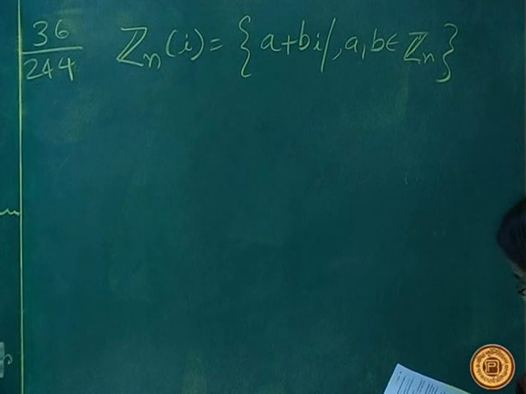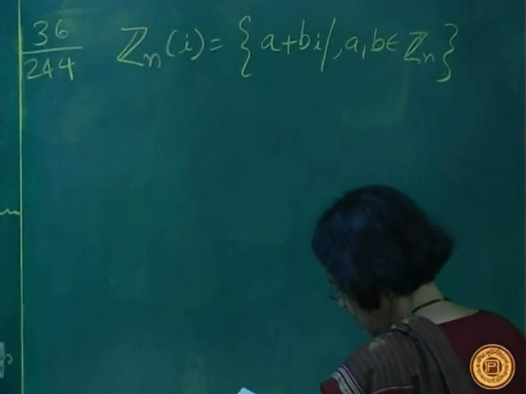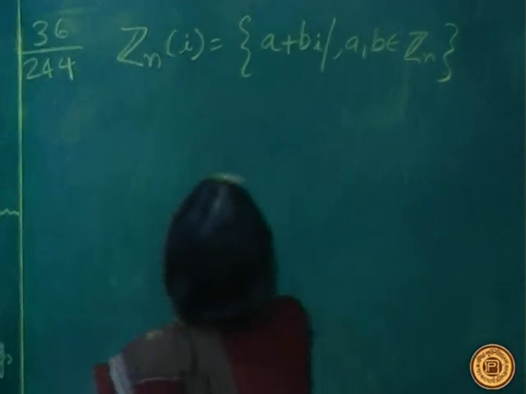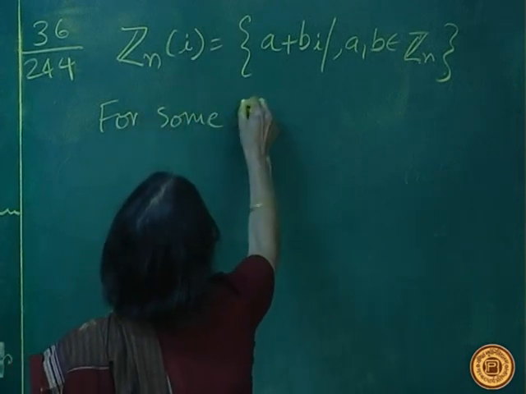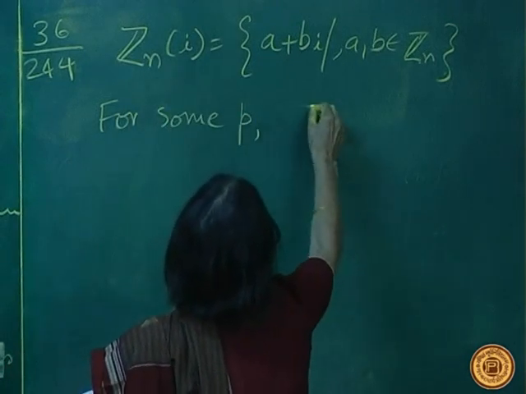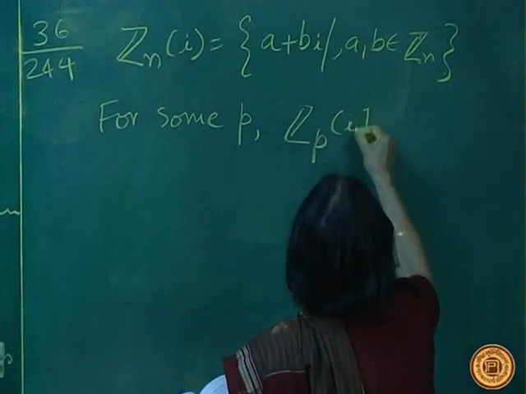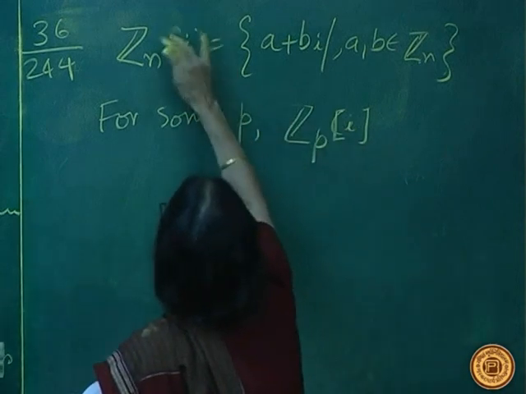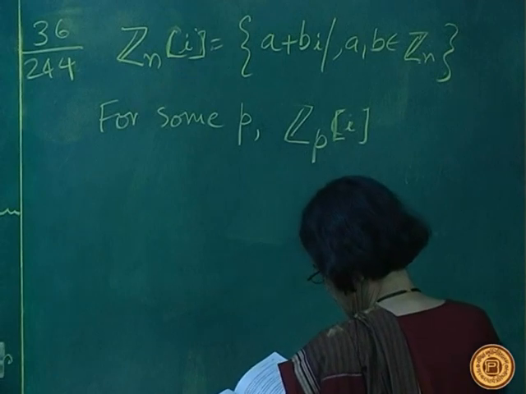For some prime p, Zp[i] is a field, and for others it is not. So what is it? Replace n by p when n is equal to p. Oh, it should be a polynomial ring, so it is the square bracket.